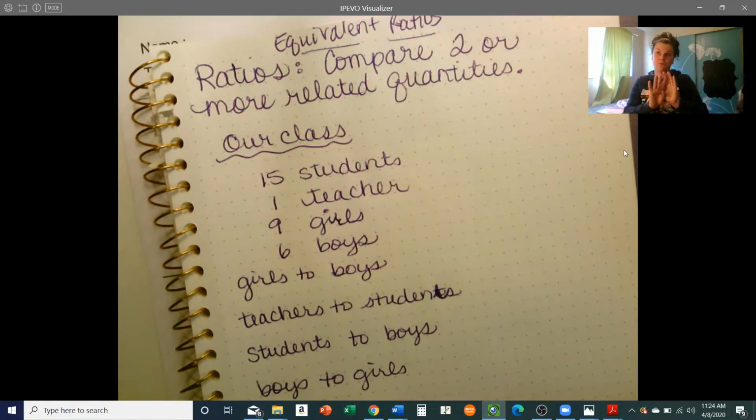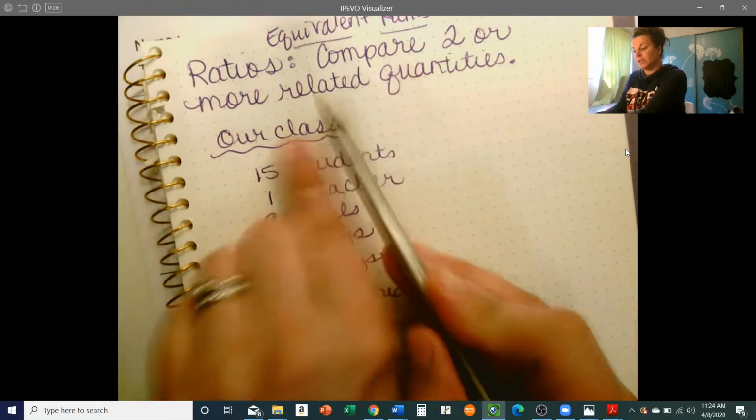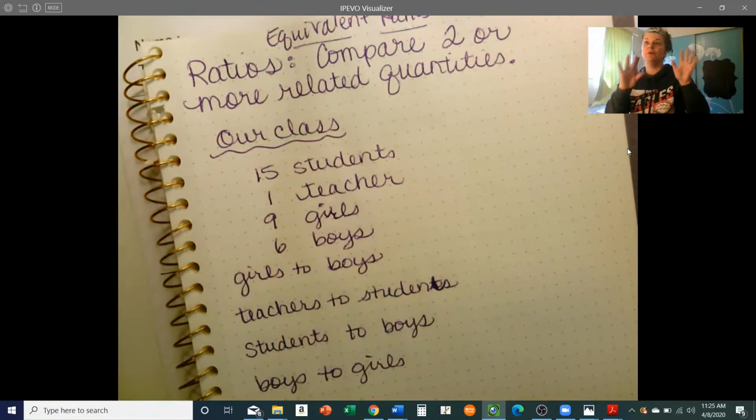Those two numbers side by side are like a ratio, because they're comparing two related quantities: people who have the coronavirus, people who are sick, compared to other people who are sick. The thing that's different is that they're just in different states, but they're still the same thing that's being measured.